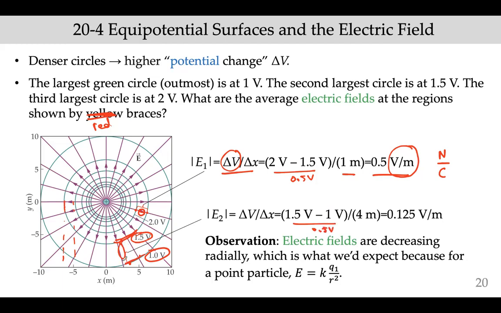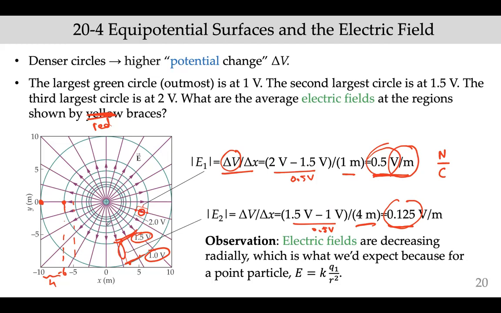But now the distance is 4 meters, since between this point and this point the difference is 4 meters. And you find the electric field to be 0.125 volts per meter. So it's less, if you compare with this one. As you go out, the electric field gets smaller.